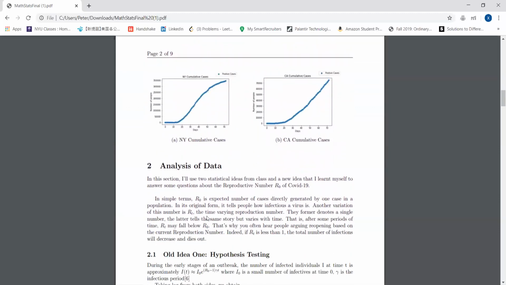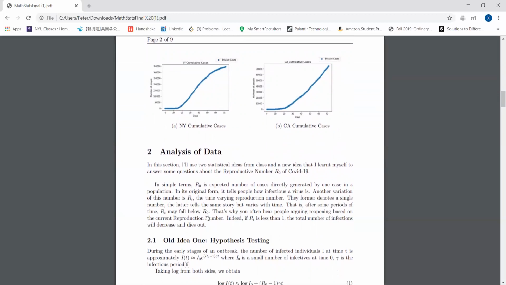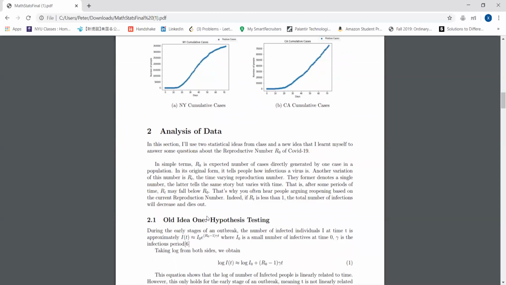Okay, so moving on to the actual analysis of the data. Our intuition is that, well, actually people often say this, that the growth of, say, the infectious population is exponential. So what does it mean, right?